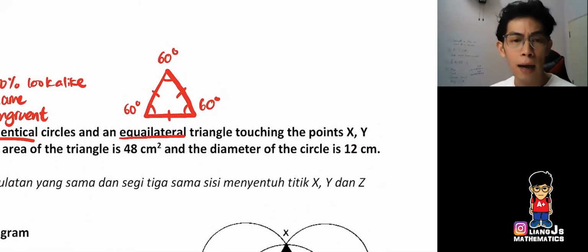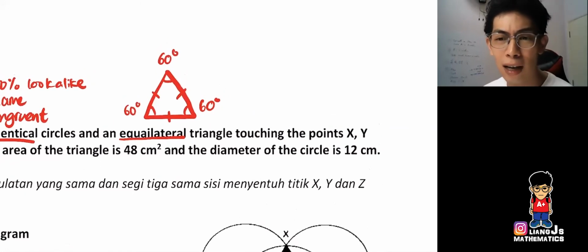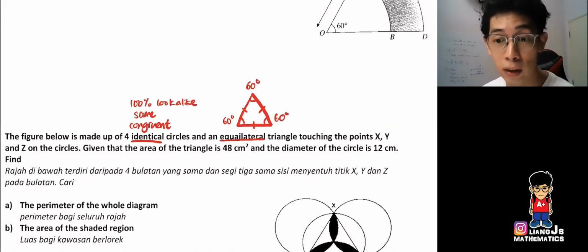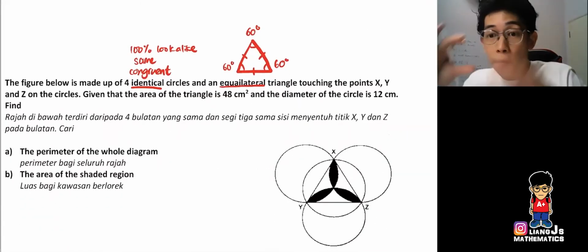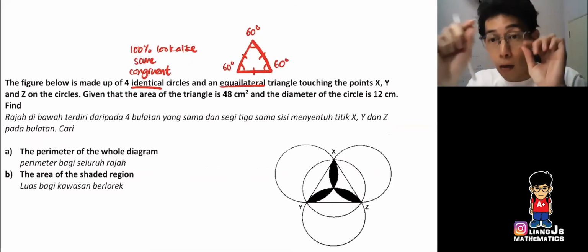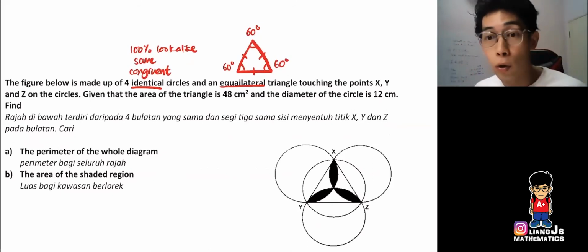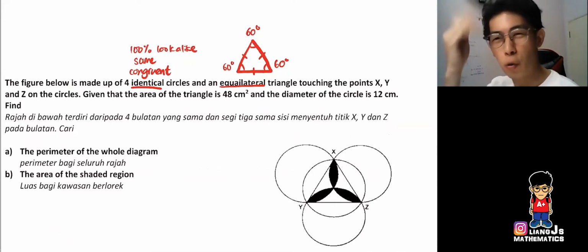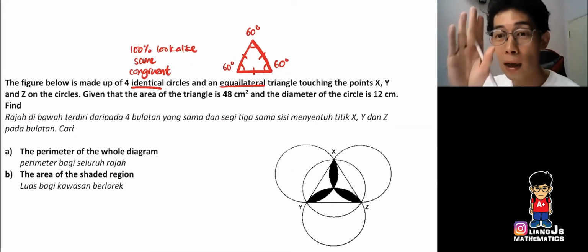Okay, then it says equilateral triangle touching points X, Y, Z on a circle. So these 4 identical circles intersect and hit that X, Y, Z point. Okay, so let me tell you something. Not to say interesting, because students might say, oh teacher, if you say interesting it's because you know maths, of course you say interesting. Now let me tell you something.